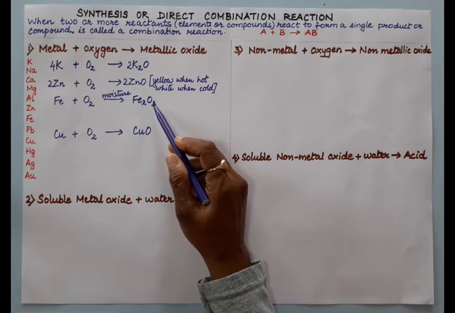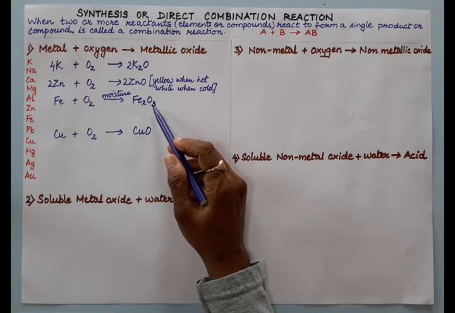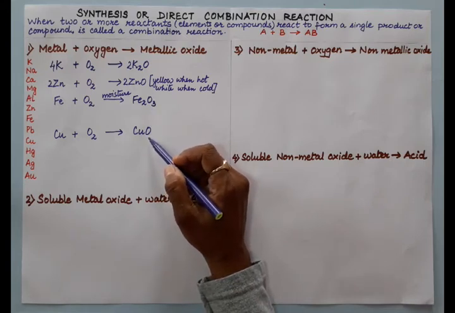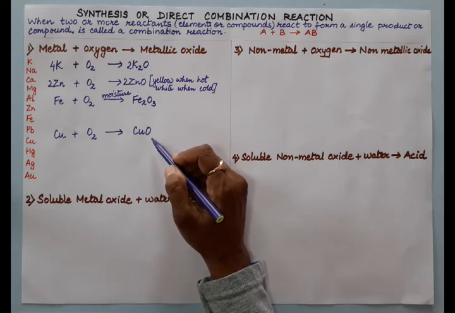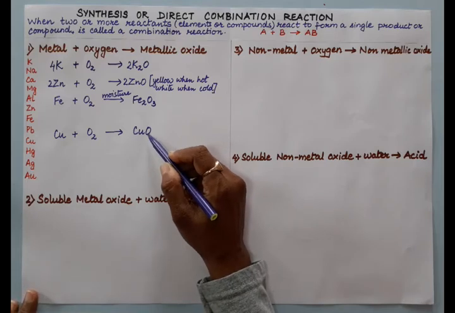So we will always get ferric oxide, never ferrous oxide, and here cupric oxide. In the initial stage cuprous oxide is formed, but the final product will be cupric oxide. It will lose the second electron also, and cupric oxide is the final product.